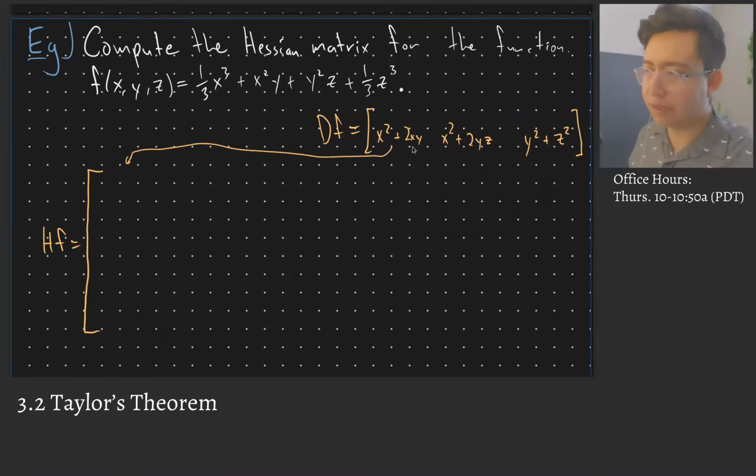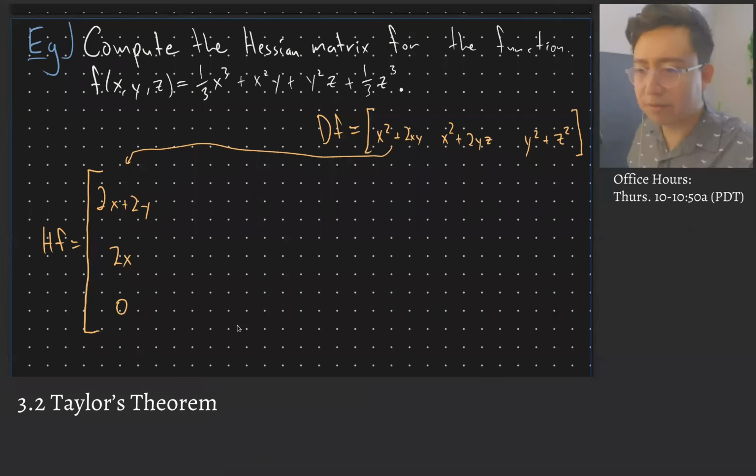So we start with respect to x, and we get 2x plus 2y. Then with respect to y, we just get a 2x. And with respect to z, we get 0. Okay, because this doesn't change with respect to z. And then this first term doesn't change with respect to y, so only the second term gives us anything with the y. Okay, cool.